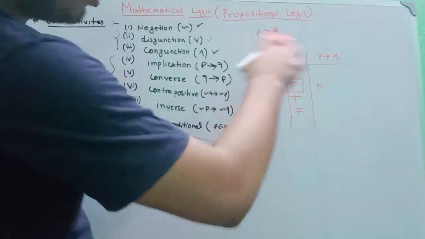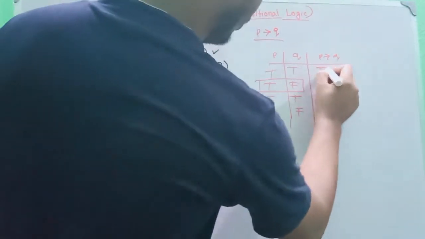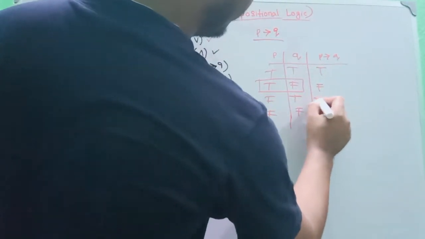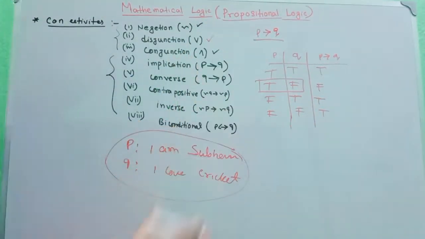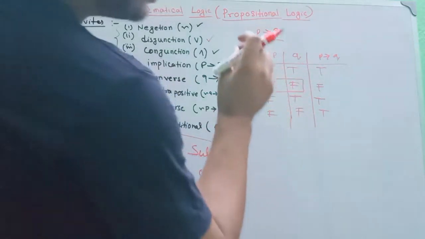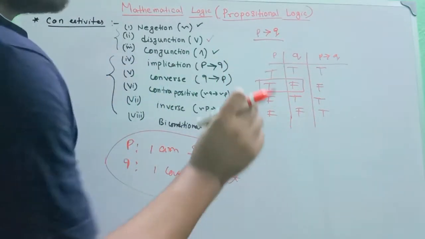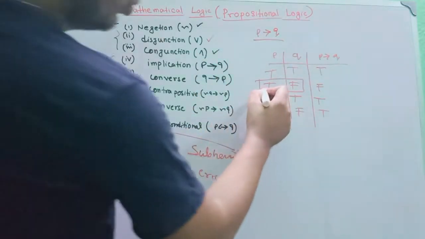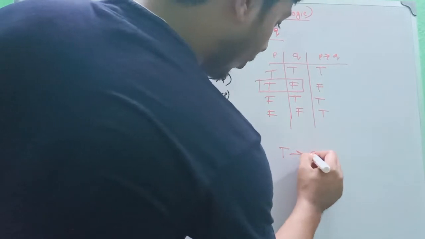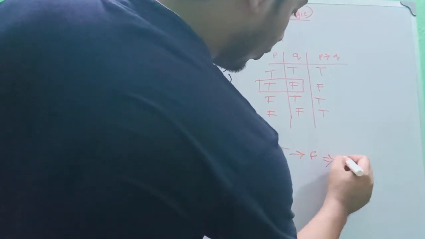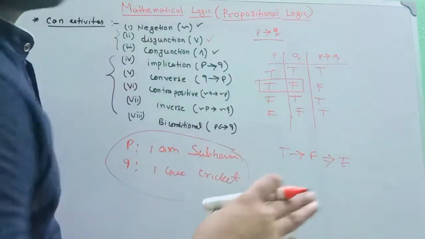In all the other cases, the result will be true. So that is the implication truth table. When true implies false, the result is false; otherwise all the cases the result will be true.